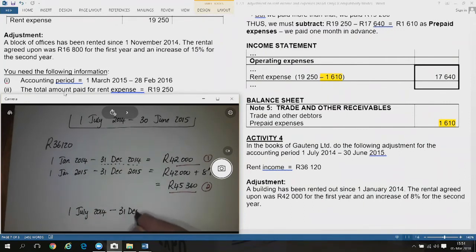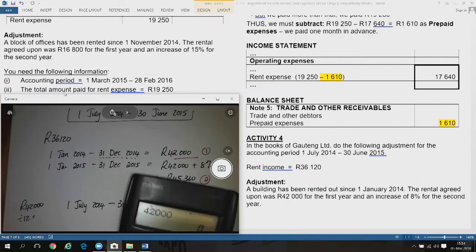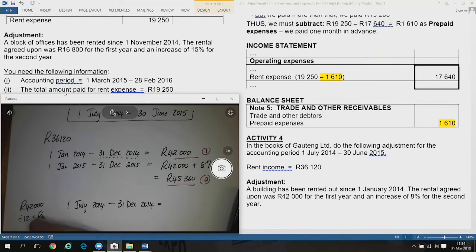31st of December 2014. Okay, step 1: 42,000 divided by 12 gives us 3,500 rand per month, for July, August, September, October, November, and December.